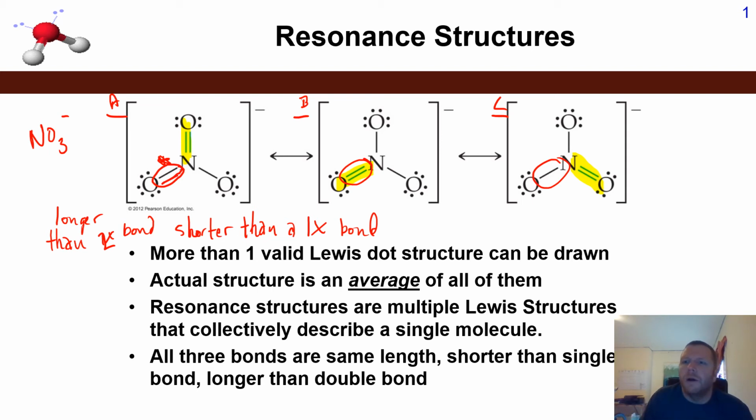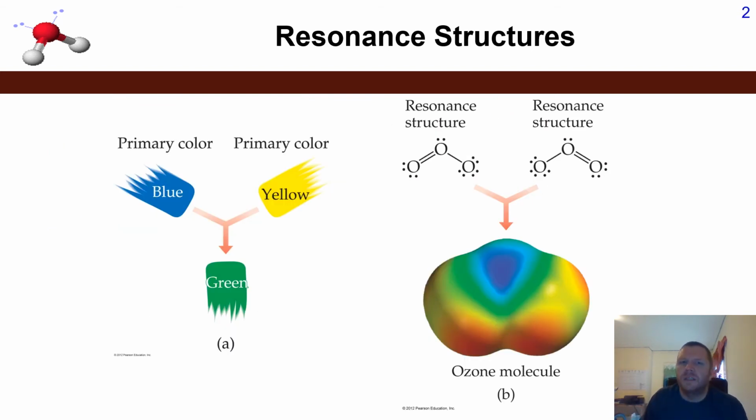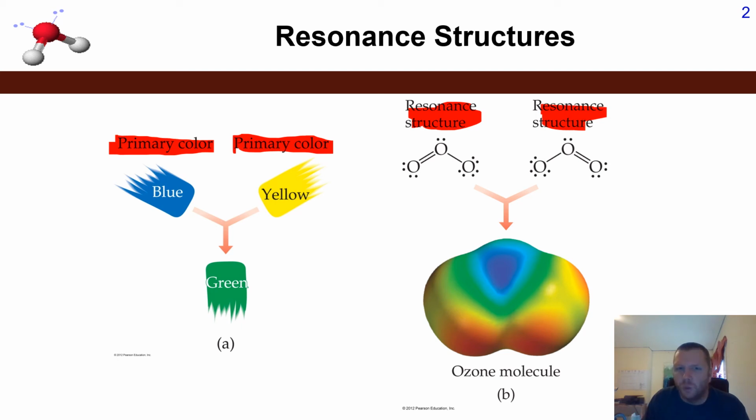All right, now to really send this message home, I think that a good parallel, a good comparison to convey this message is, let's think about two different primary colors. So blue is a primary color, yellow is a primary color. So think about these as competing representations for a given molecule. These two different resonance structures combine to make the actual structure.